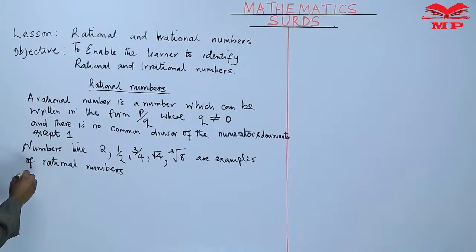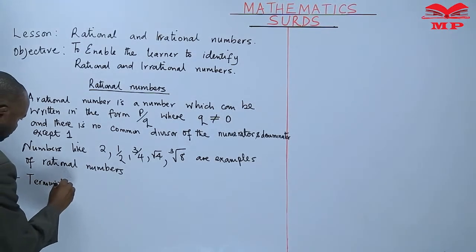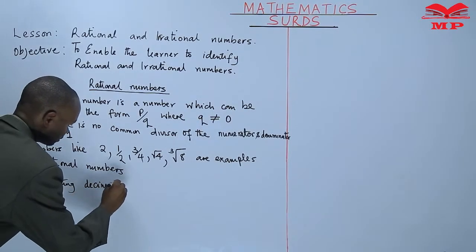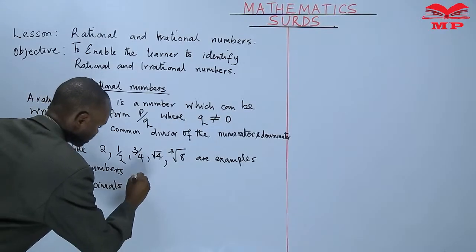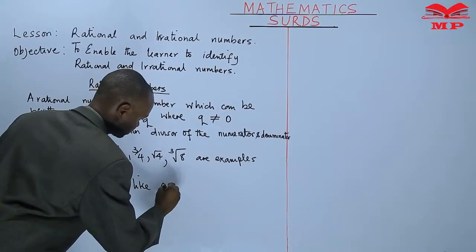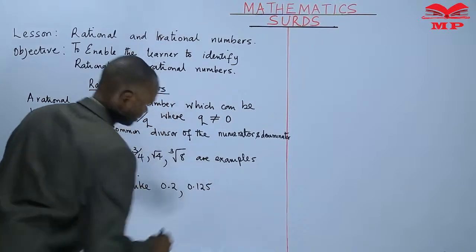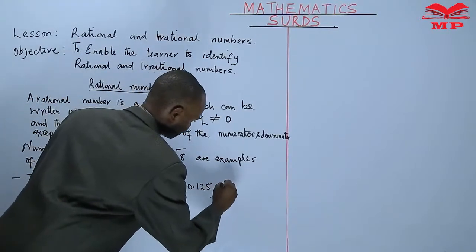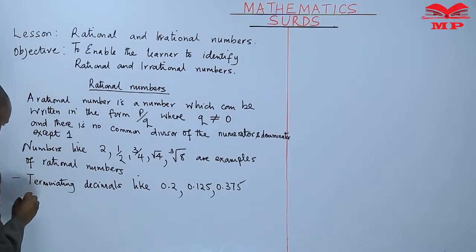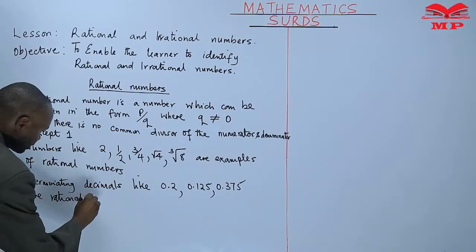So terminating decimals like 0.2, 0.125, 0.375 are rational numbers.